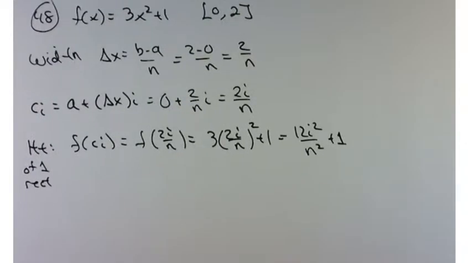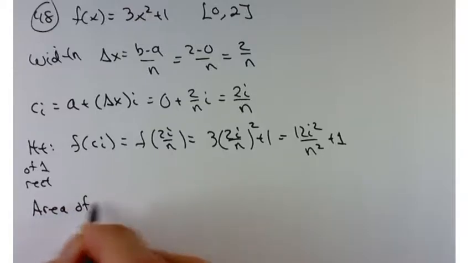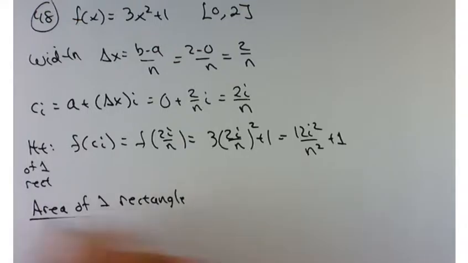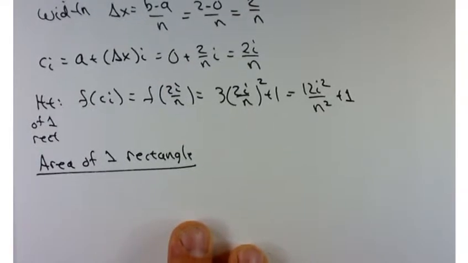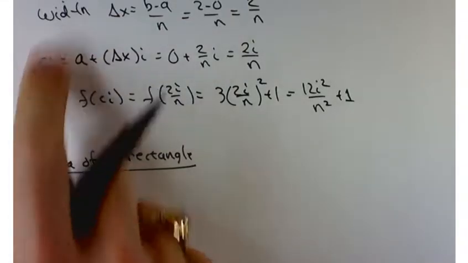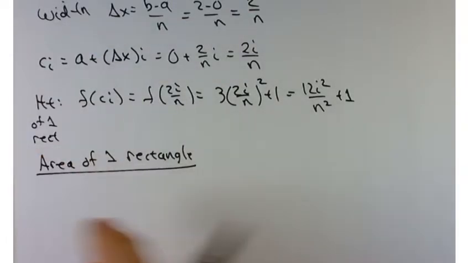Let's find the area of one rectangle, and we'll clean it all up a little bit. It shouldn't be too hard. So the area of one rectangle. So the area is going to be the width times the height, or the height times the width.